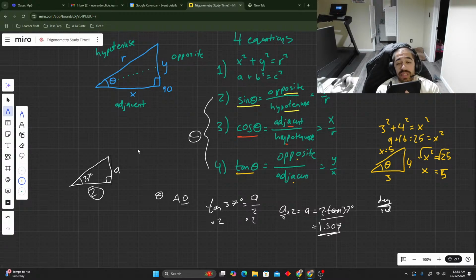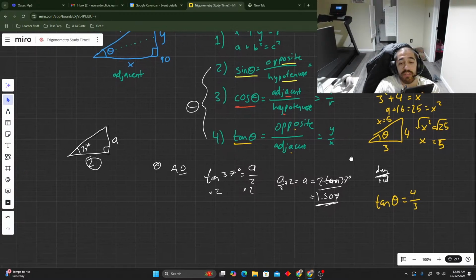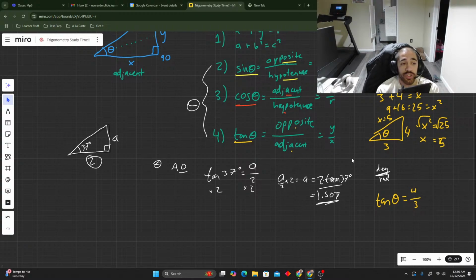We have the opposite and adjacent, so we're going to use tangent. Tangent of theta is equal to the opposite, which is 4, over 3, the adjacent. So here is when you need to use the inverse relationship of the trig function. So you're actually going to be using the arctangent.